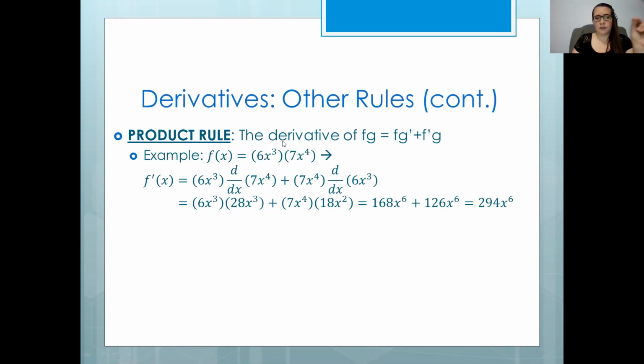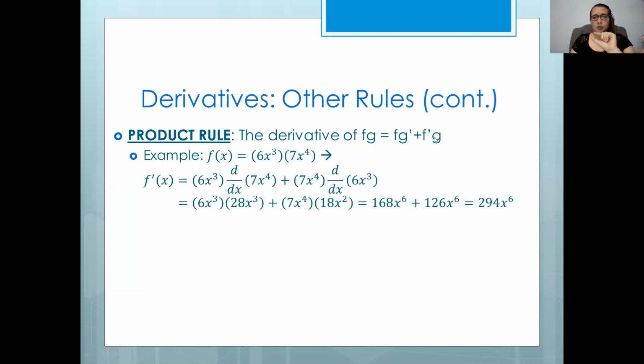So when we take the derivative of this function, applying the product rule tells us that we rewrite that function f, don't change anything about it, and then take the derivative of that function g, so d dx of g.